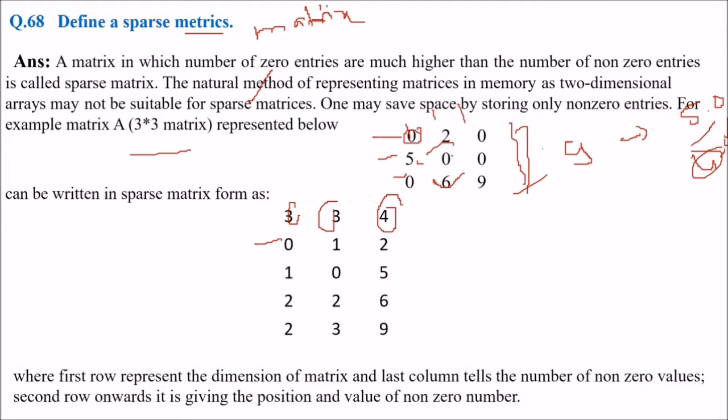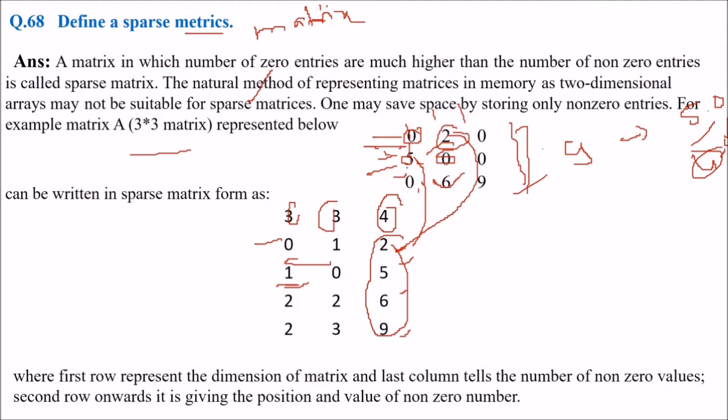0, 1, 2; 1, 0, 5; 2, 2, 6; 2, 3, 9. These are the values which show the position. 0, 1, that is first row, second column, so 2 is here. 1, 0, that is second row, first column, we have 5 here.